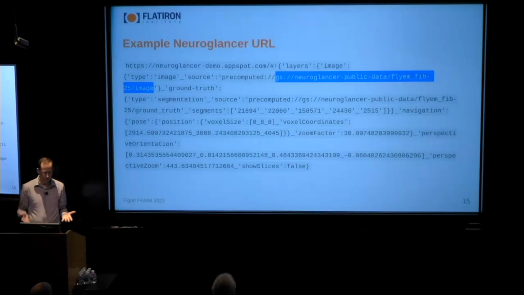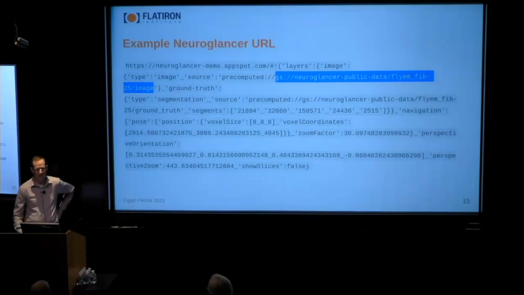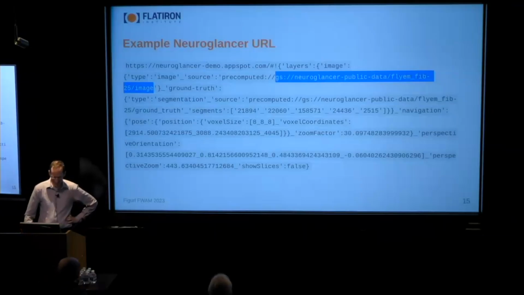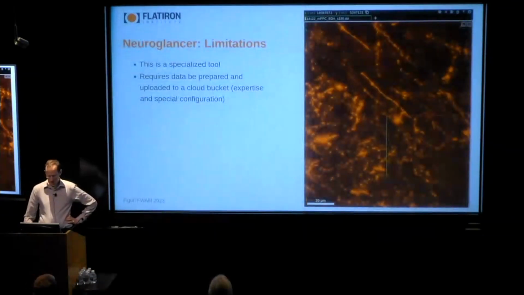Maybe the URL could get pretty long, but it doesn't really matter. You send it to somebody and they click on it, right? So there is a limit to the size, yeah. So you couldn't embed the actual data in the URL.